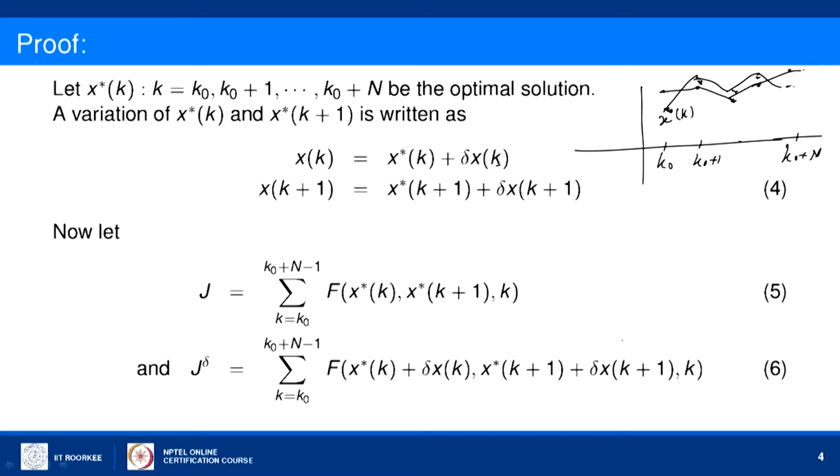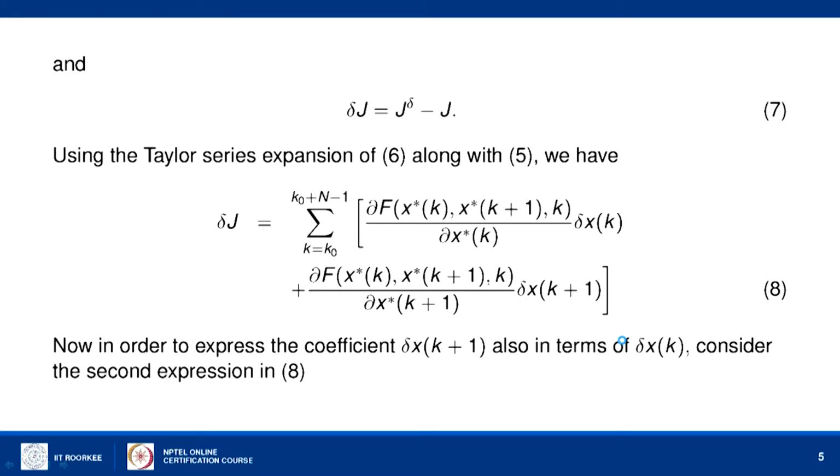So, that is what we will get here, the del f by del x star k and del f by del x k plus 1 term. Only first variation we are collecting and omitting all the second variation, we get del J to be like this, and this should be equal to 0 is the necessary condition.